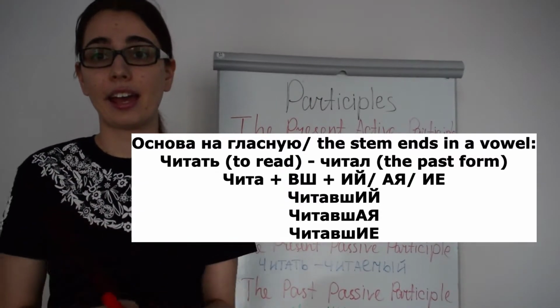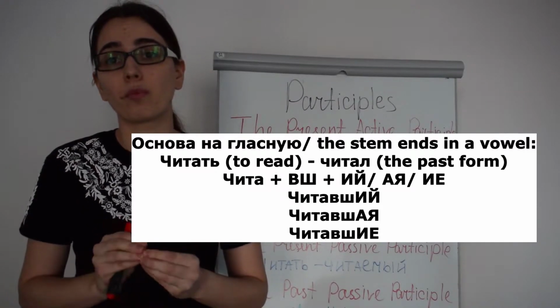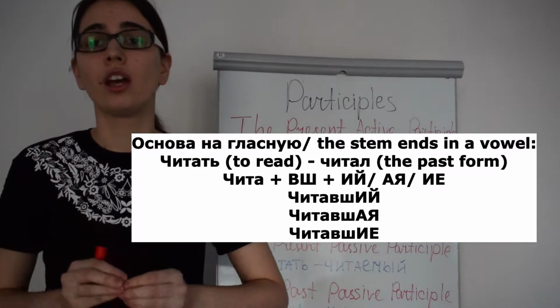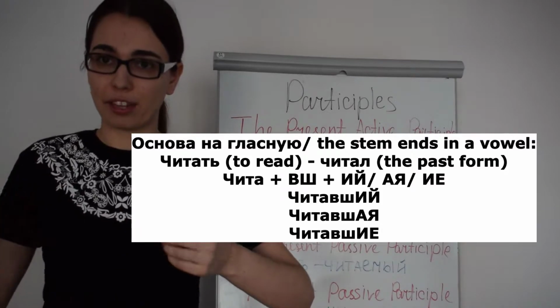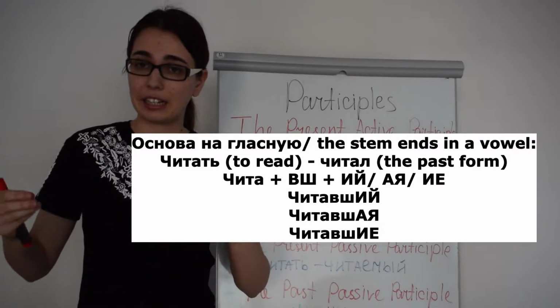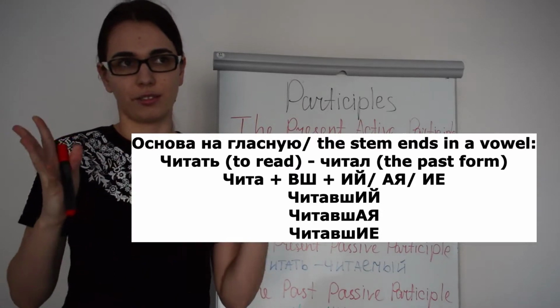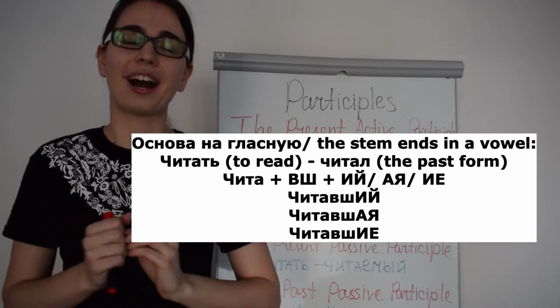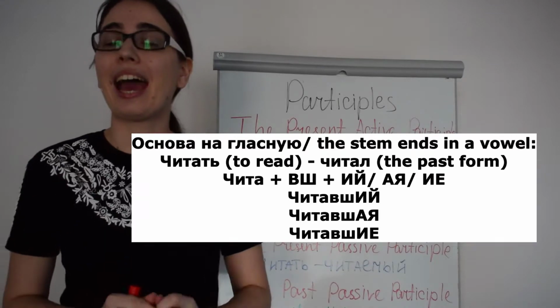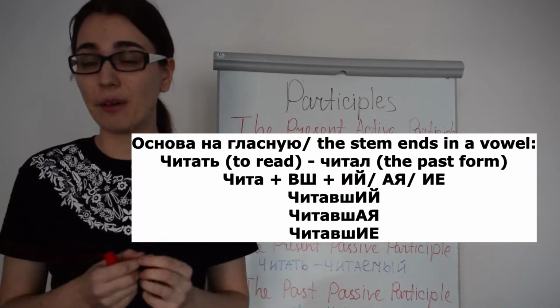Again, I add the agreement endings. Читавший, it's masculine. Читавшая, feminine. Читавшее, it doesn't exist, but anyway. And читавшие, plural.